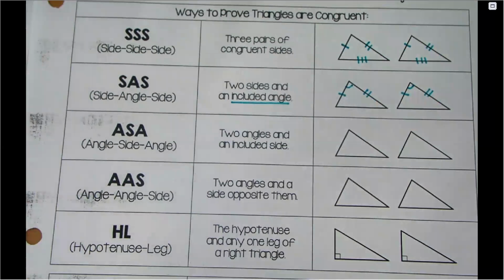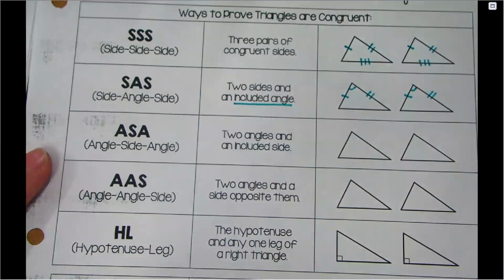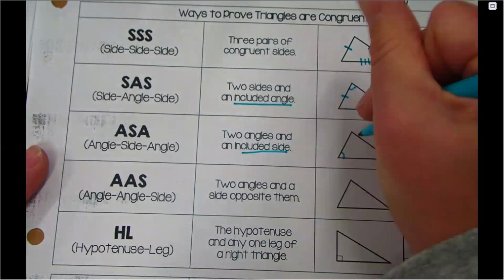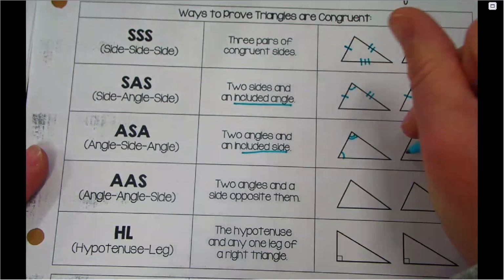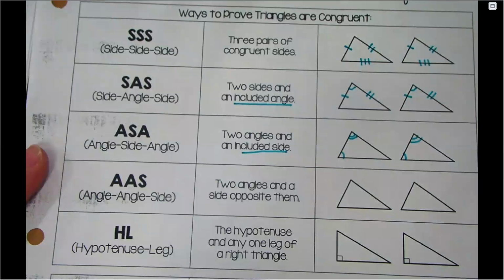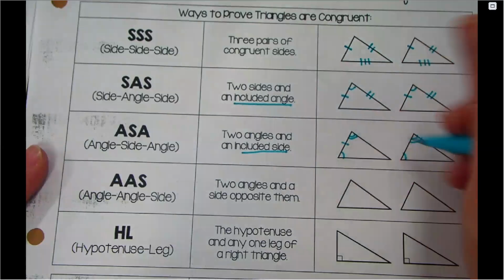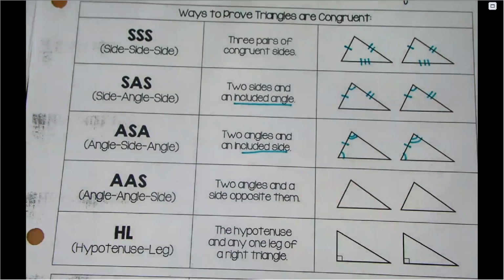Angle, side, angle. That has the side included. So we could know this angle and that angle. The side would be the one in between the 2 angles. Angle, side, angle.